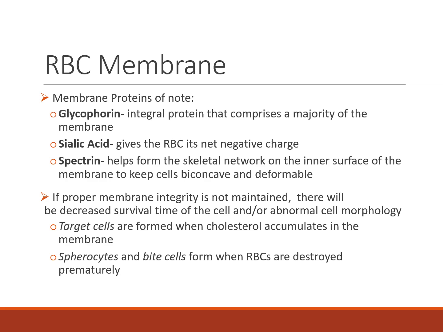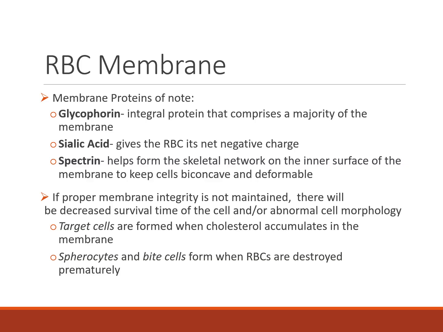All right, red blood cell membrane proteins to take note of, just to review and recap. Remember, glycophorin is the integral protein that comprises the majority of the membrane, so this is a structural protein. We have the sialic acid, which gives our red blood cell its net negative charge, and this is imperative to prevent red blood cell agglutination. Not so much clotting.